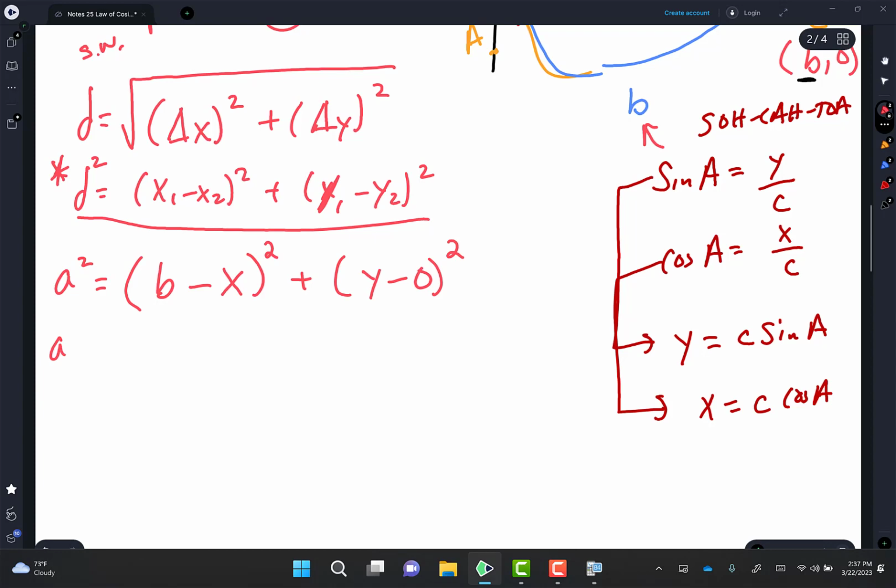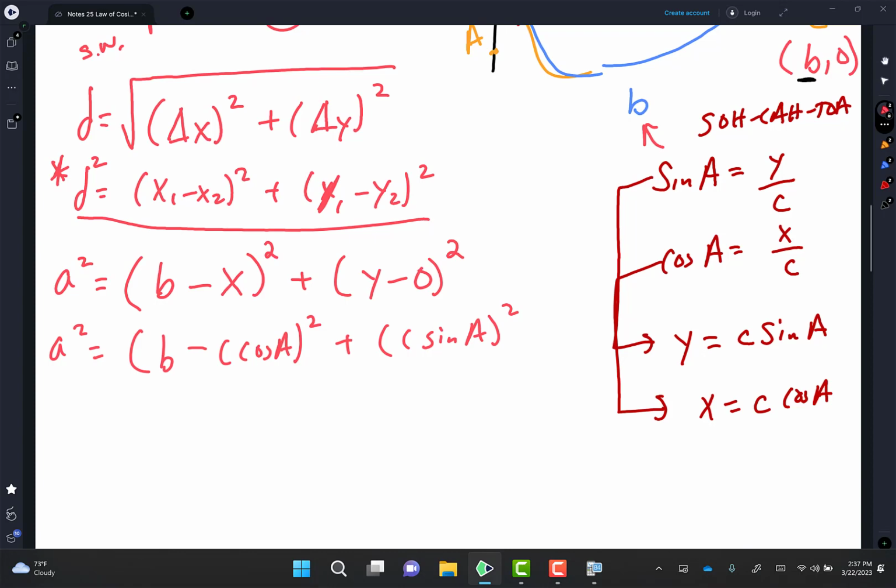So here we go. A squared equals, parenthesis, B minus C cosine A, close it, squared, plus parenthesis, C sine A, close it, squared. I am done with pre-calc, or geometry, or trig. I'm now just doing arithmetic.